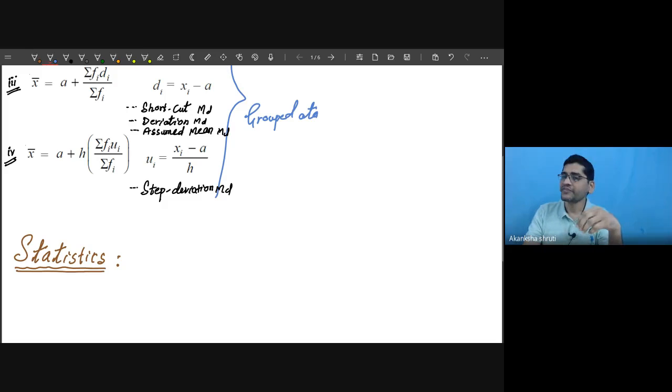Say your school is declaring that the average marks of your class 10th is 72%. What does it mean? Means the class mean marks or the class 10th average marks is 73%.